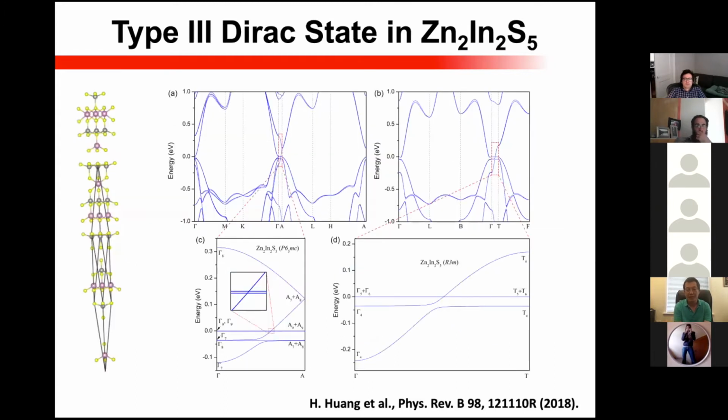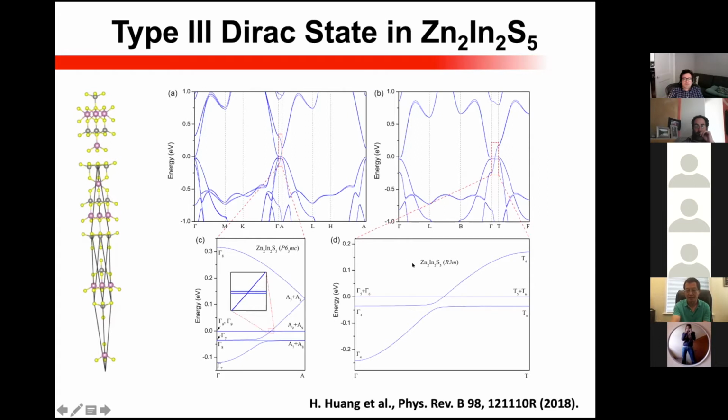On the other hand, there are many studies trying to discover different types of materials that behave as different types of Dirac fermion states. Most intriguingly, many materials have been found with type 1 and type 2, and type 3 is very rare.